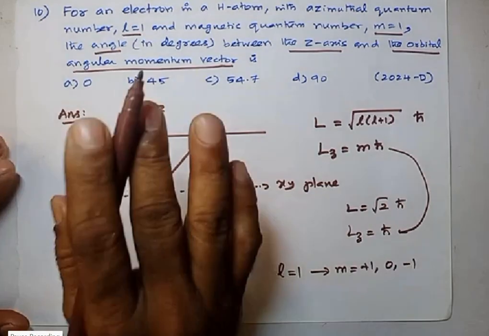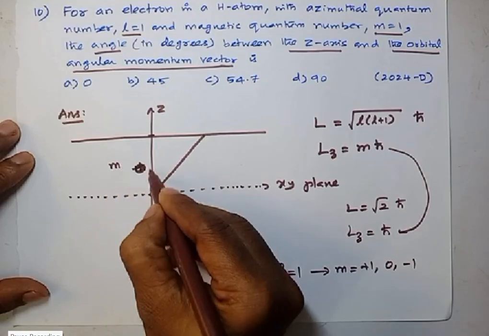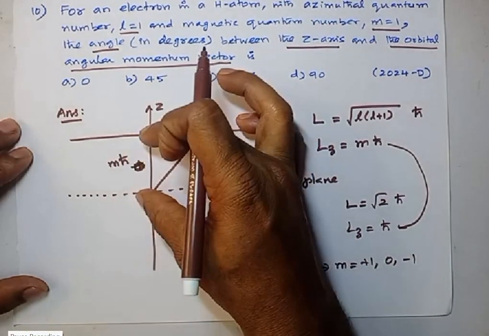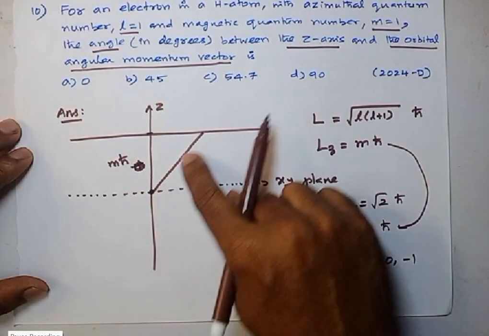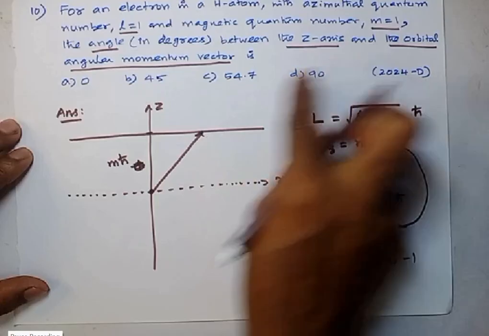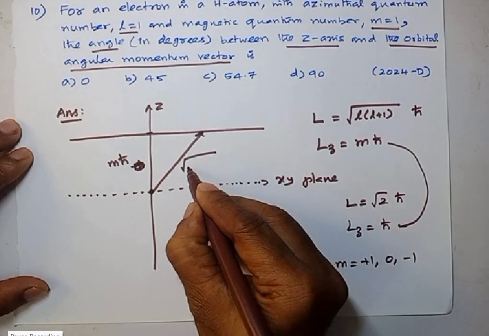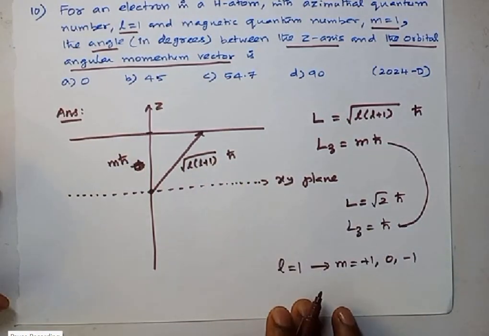First I'll give you the general formula. The z-axis length is m h cross. This is called the z component of angular momentum, and this is the total angular momentum vector, whose value is square root of L into L plus 1 into h cross.